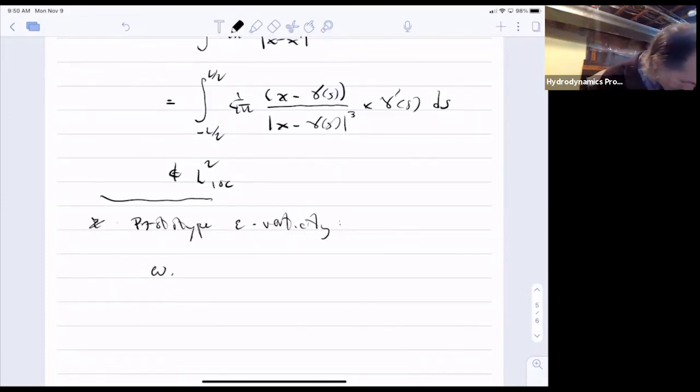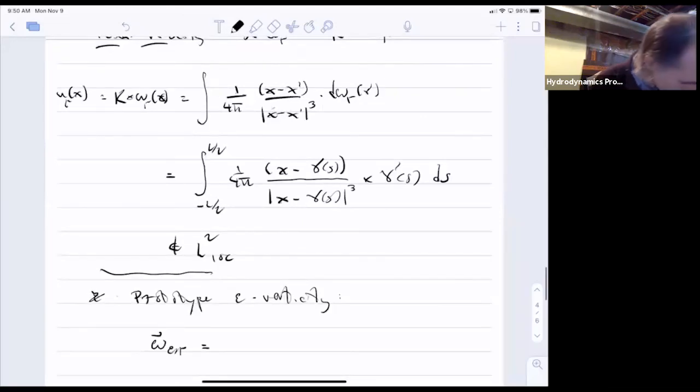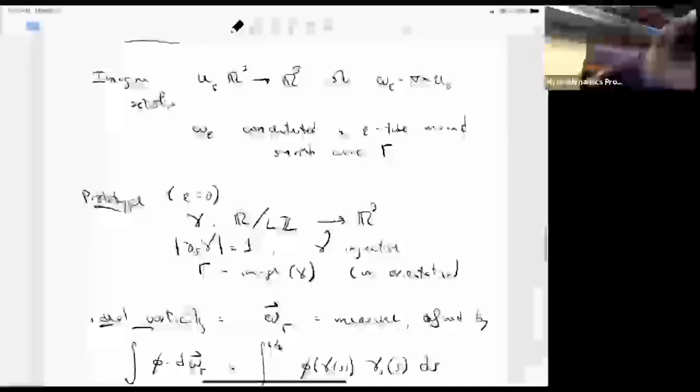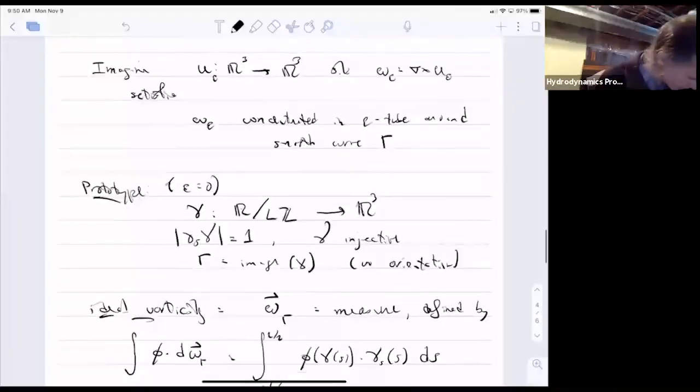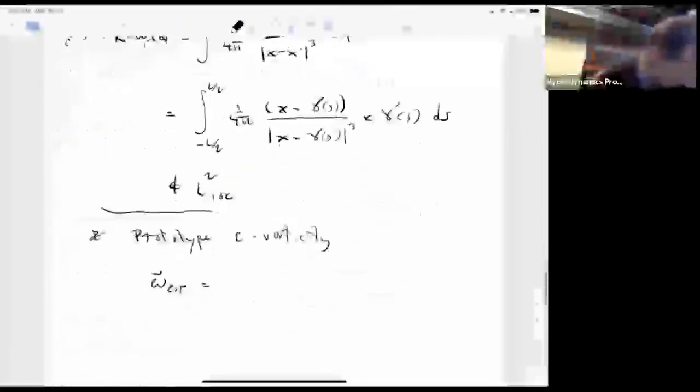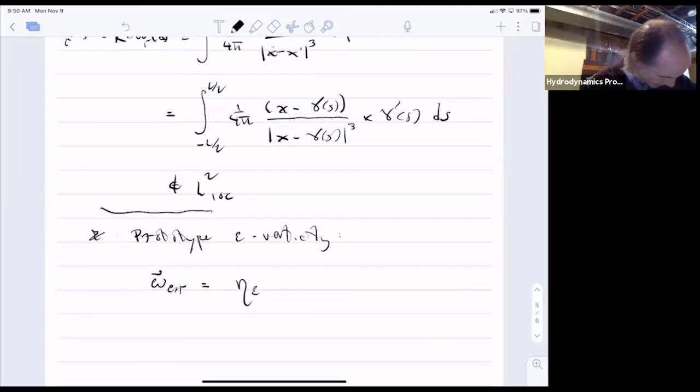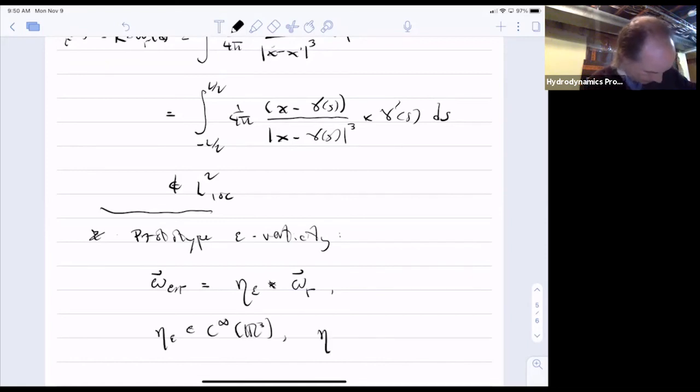Say omega epsilon gamma is eta epsilon convolved with omega gamma, where eta epsilon is a symmetric mollifier.